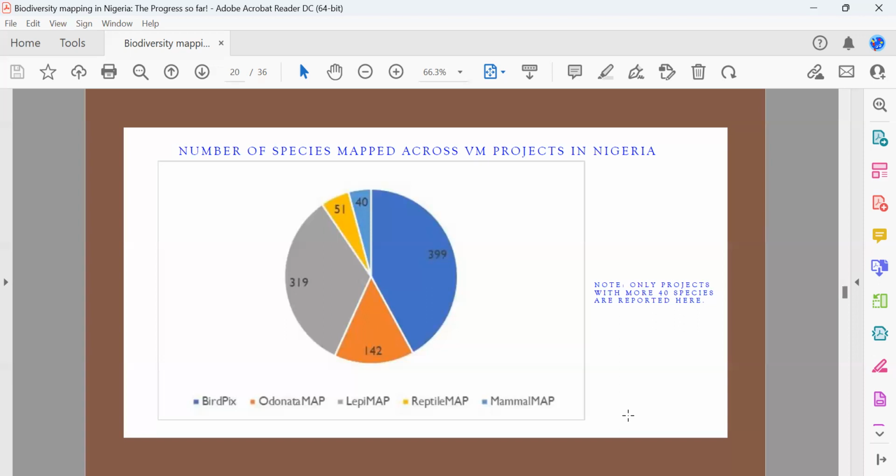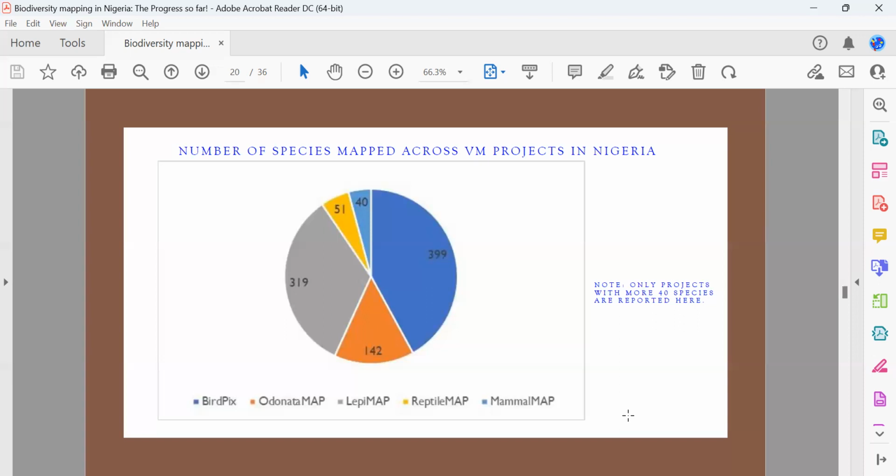If you are talking about the number of bird species we have on the Nigerian Bird Atlas project, maybe we're talking about like 960 species or thereabout. So virtually we are saying that we have biomapped, we have seen almost half of the Nigerian birds. We have their pictures, we have their photos.